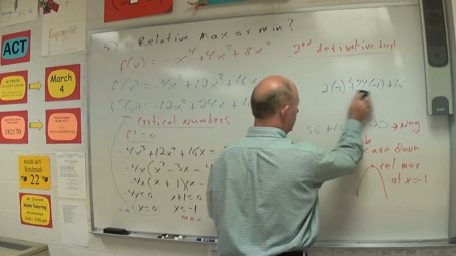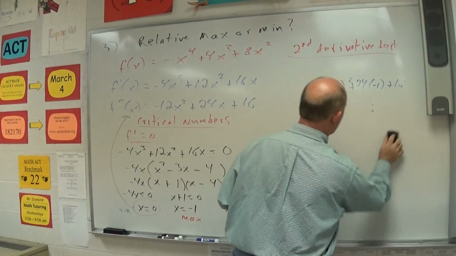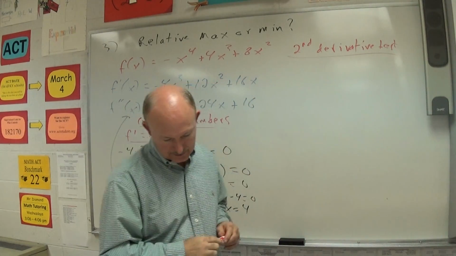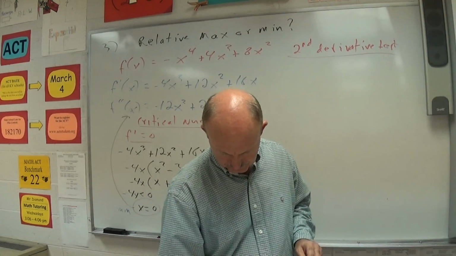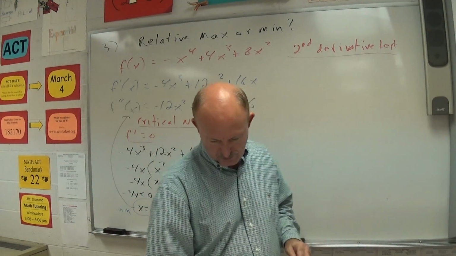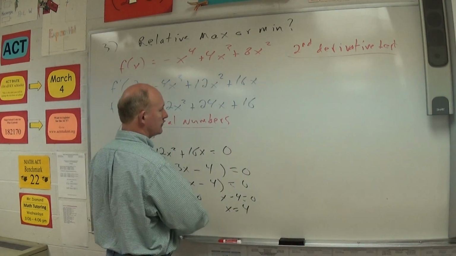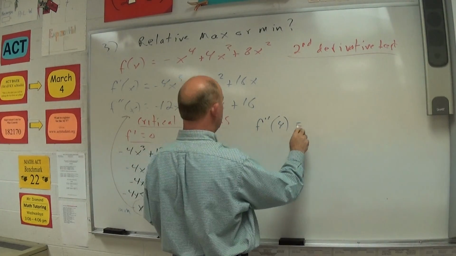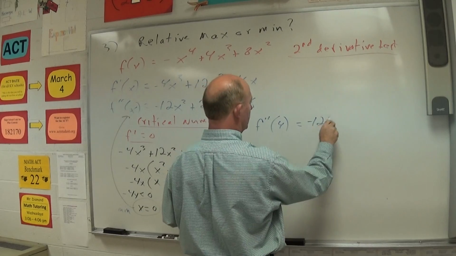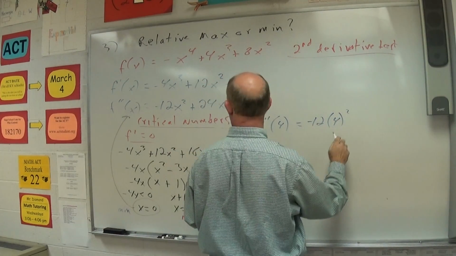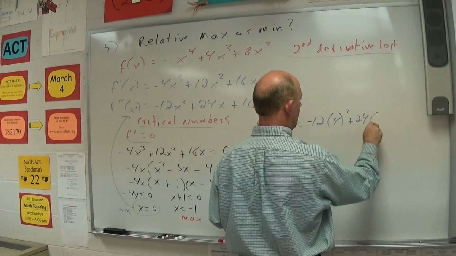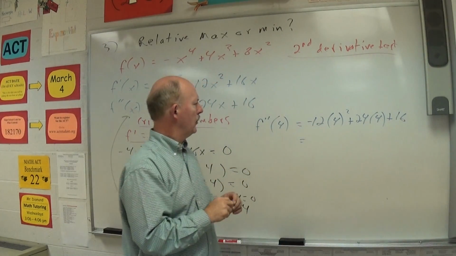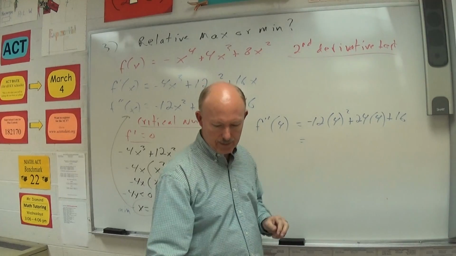Let's see what we get here. So let me erase this. Let's check the positive 4. The second derivative at 4 would be negative 12 times 4 squared plus 24 times 4 plus 16.